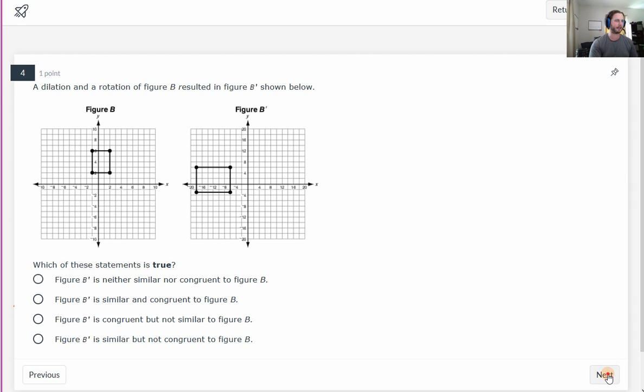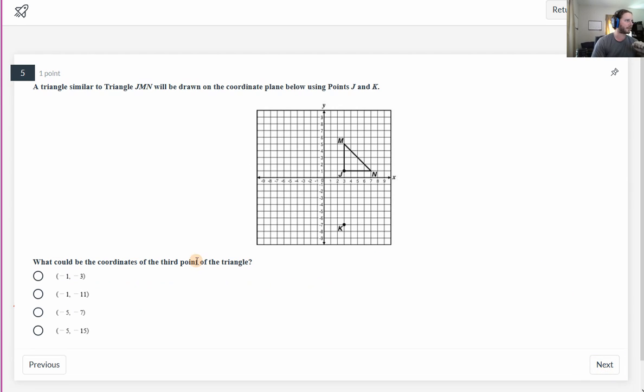Let's go ahead and check the next one. A bunch of people had questions on this one during the test. It says a triangle similar to JMN will be drawn on the coordinate plane using points J and K, meaning it already gave you these 2 points. This is used and this is used.